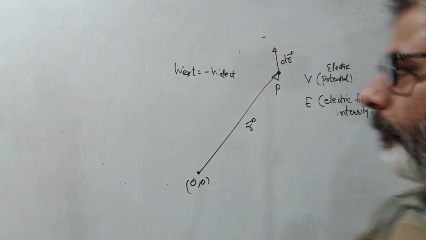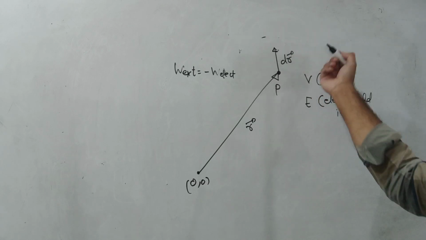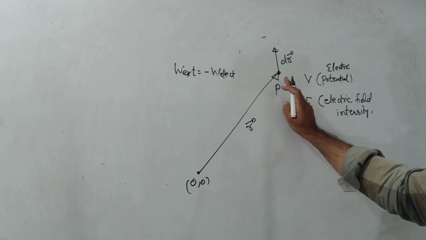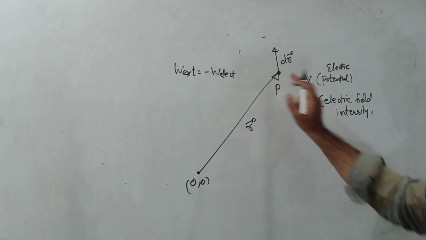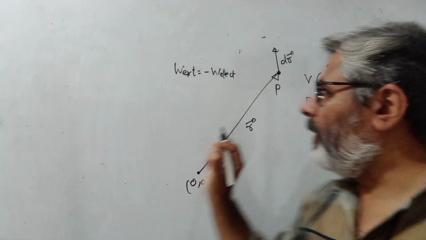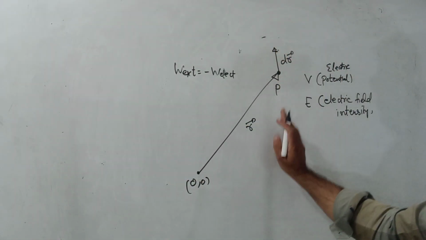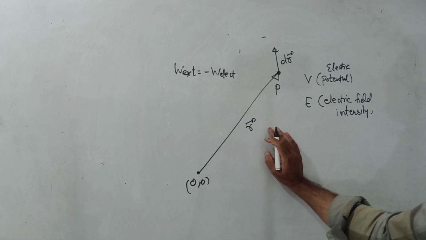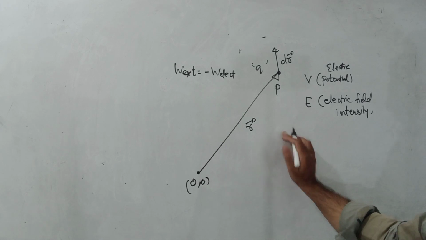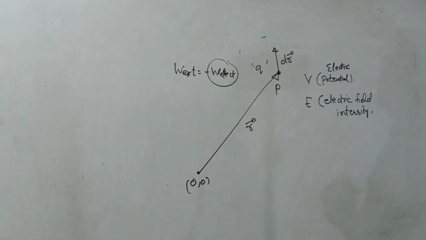So this displacement is basically the displacement of some charge. I am displacing some charge which is placed here by a distance dr. So there was some charge q which I displaced by a distance dr. Now let us calculate the work done by the electrical field.